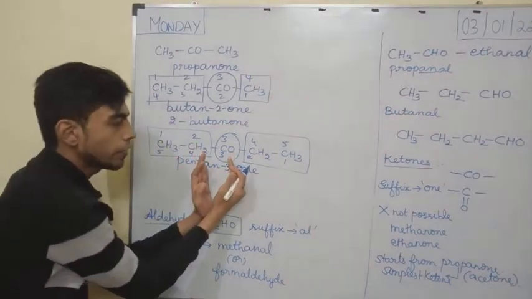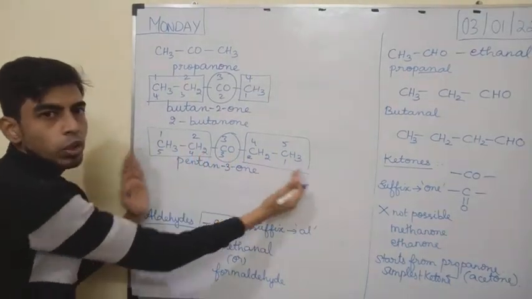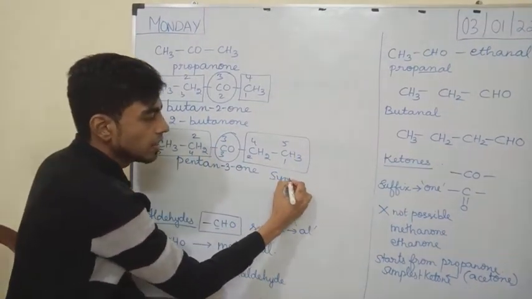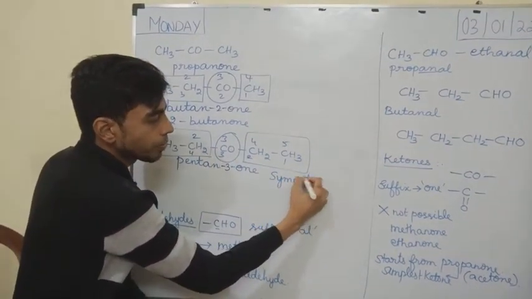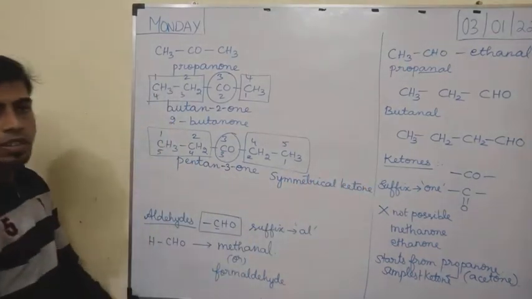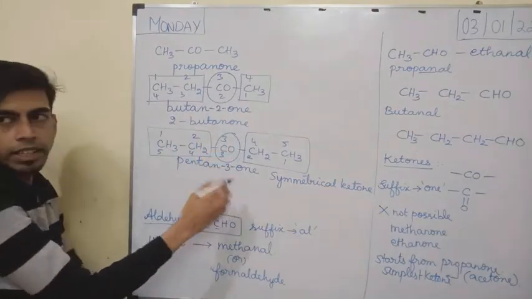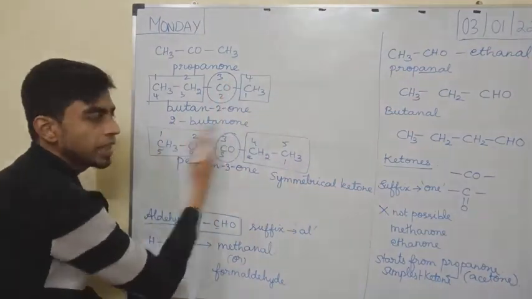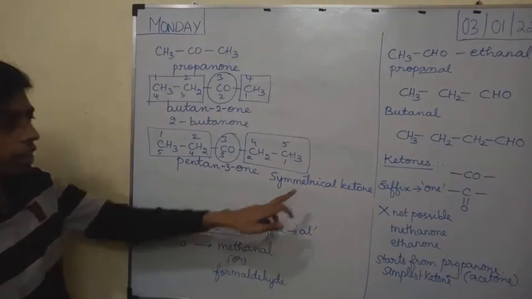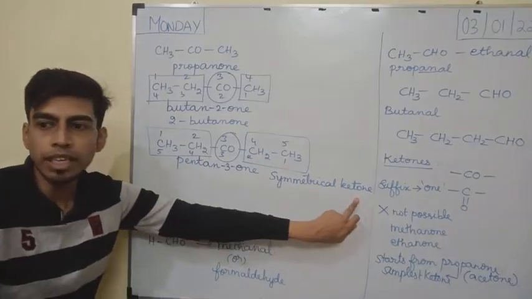If both sides of the ketone group are the same, we call that ketone a symmetrical ketone. Symmetrical means even if you cut it, both sides will look like a mirror image.